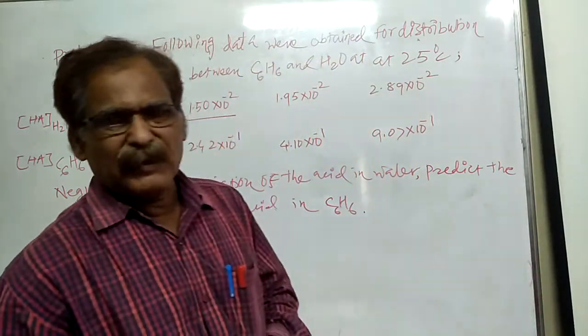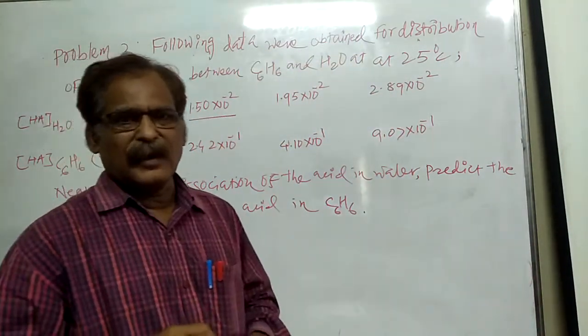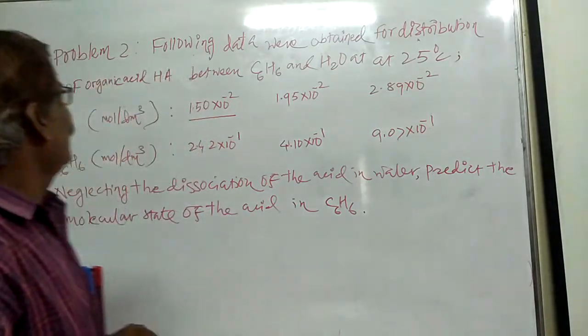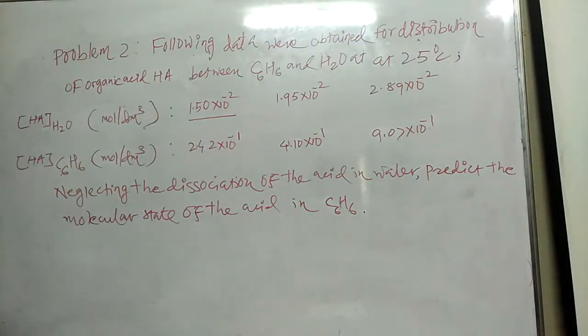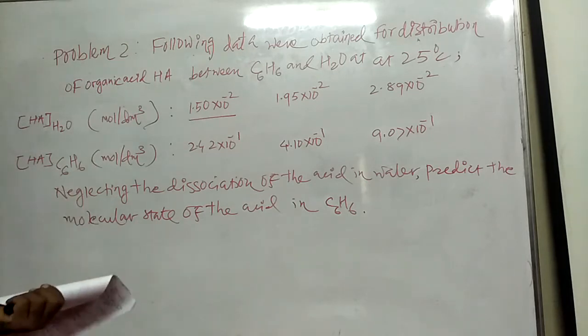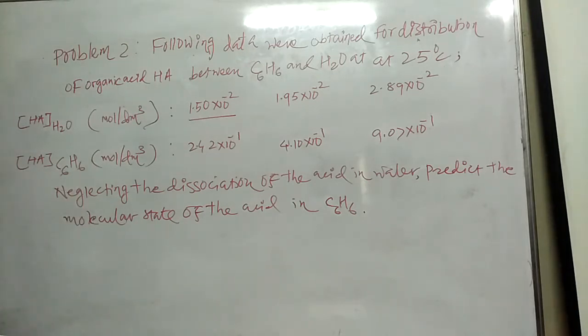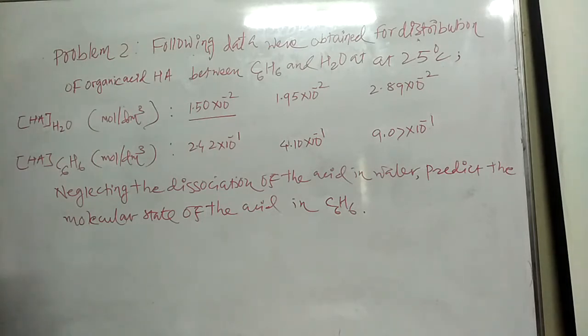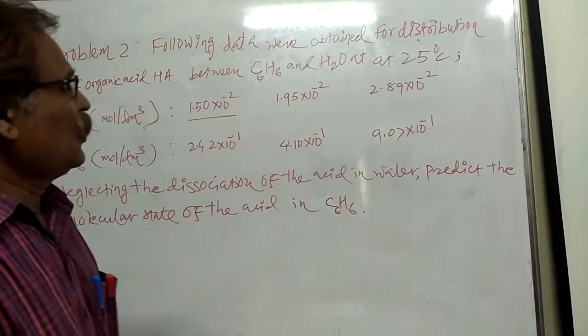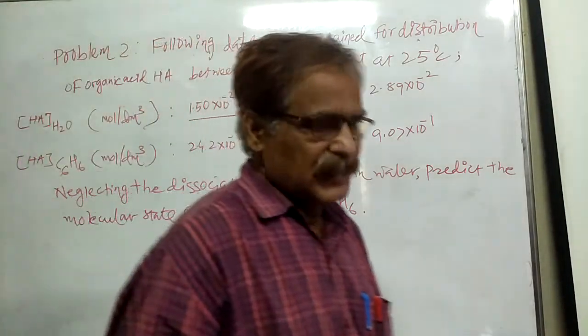The numerical problem given here is: the following data were obtained for distribution of an organic acid HA between benzene and water at 25 degree centigrade.